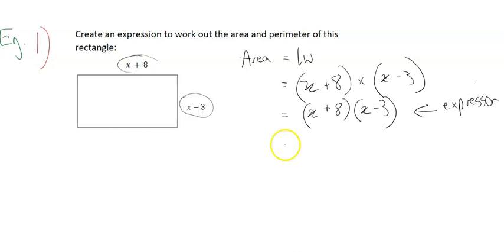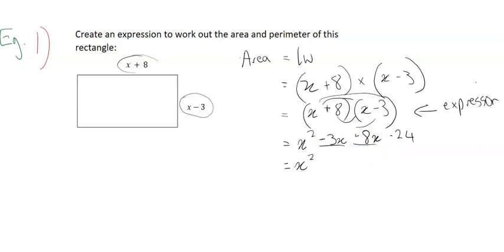Okay, so if we continue on, we know that we can go and simplify this. Remember our arches we could use. So x squared, and then we've got x multiplied by -3, so that's -3x. 8 multiplied by x is 8x, and then 8 multiplied by -3 is -24. We bring together any like terms if possible, okay?